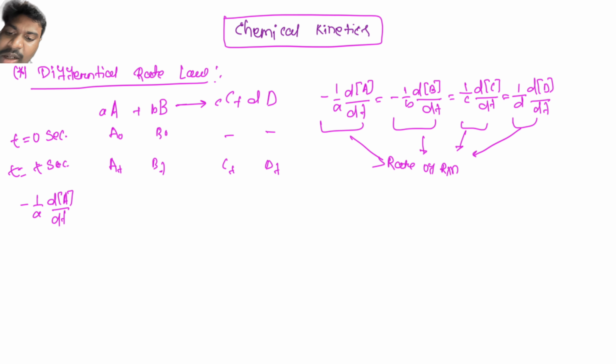It is known as rate of reaction. Now some people may think that earlier I mentioned that rate of reaction is always positive, but here a negative sign is there. How could this be positive?